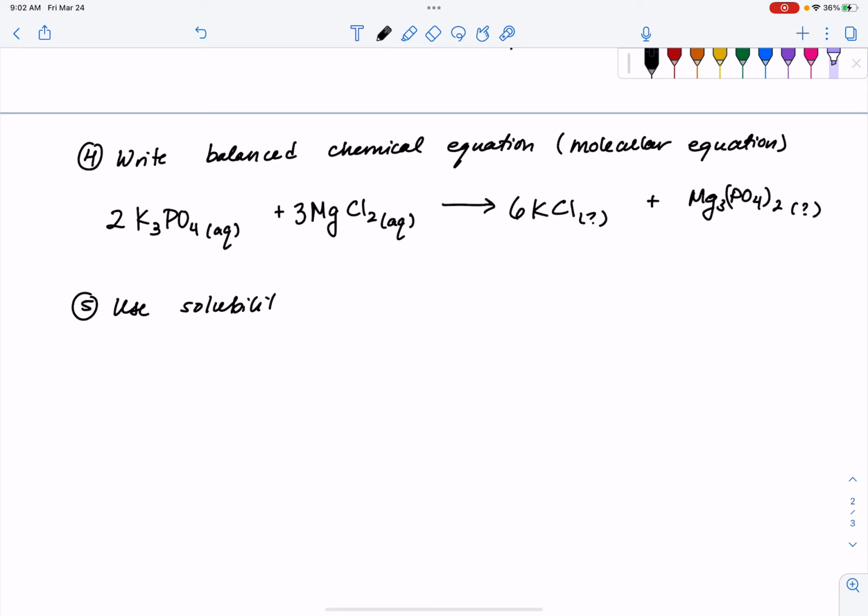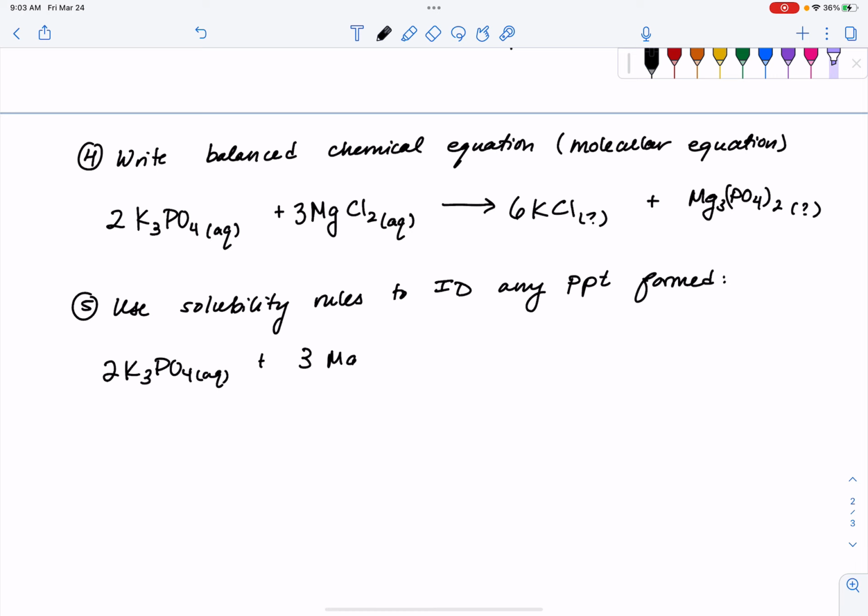Use solubility rules to identify any precipitates, PPT, formed. So writing 2K3PO4 aqueous with 3 magnesium chlorides.